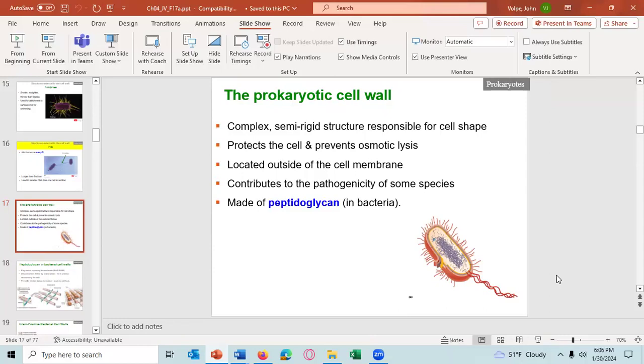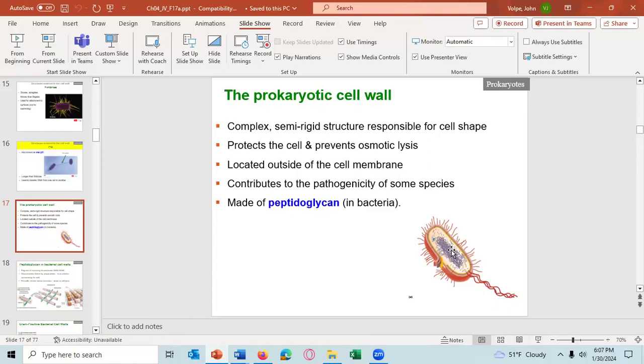For example, if this cell had its cell wall intact, and then this cell were to fall into a bucket of water, water would then move into the cell, but only up until the cell membrane comes up against the cell wall. Once that happens, the cell membrane cannot expand any further. It's limited by the cell wall.